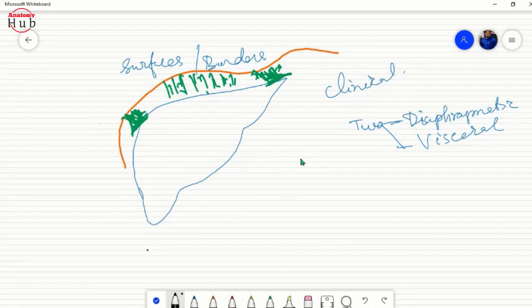So for that reason we will have to see the sagittal section. Suppose here you will find the liver, this is the sagittal section. Just below you will find the stomach, and here your transverse colon. Here you will find the duodenum, and here your small intestine.